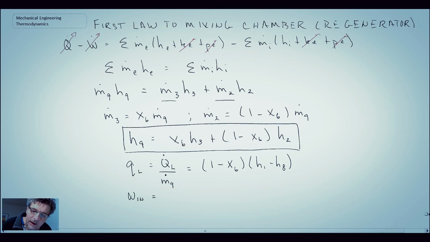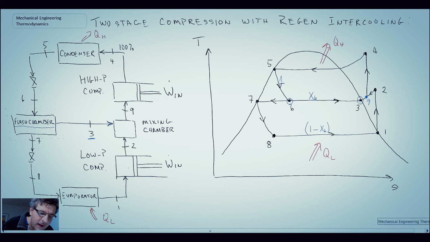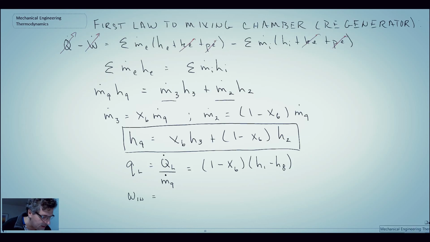As for work in, we will have different mass flow rates going through the low pressure compressor versus the high pressure compressor. The high pressure compressor will have 100%, the low pressure will have 1 minus x6. We need to acknowledge that as well.